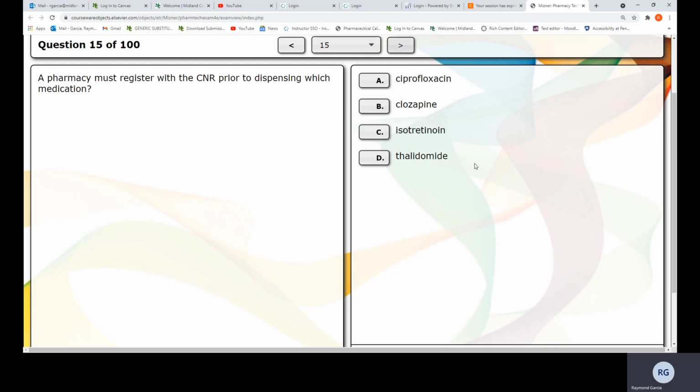Pharmacy must register with the CNR prior to dispensing which medication?